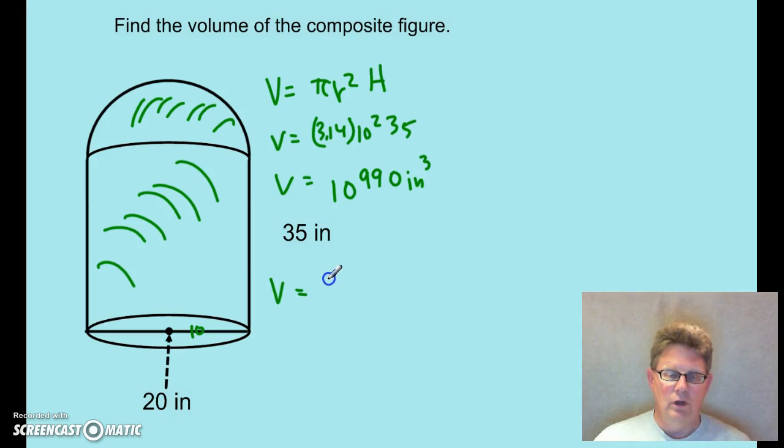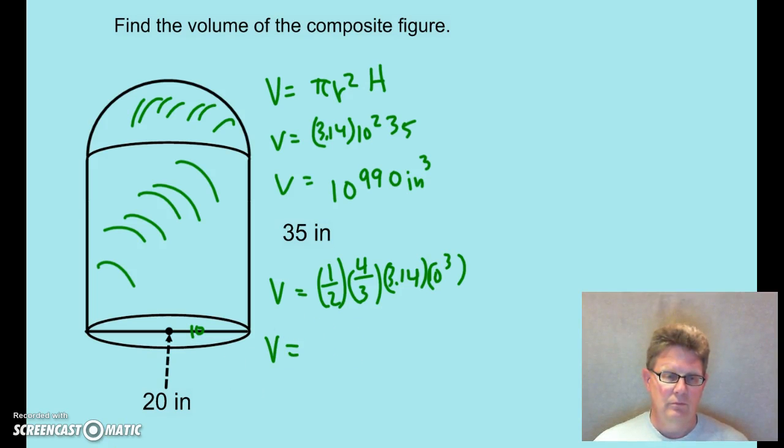Volume equals, well, this is 1/2 of a sphere, a hemisphere. 1/2 times 4/3 times pi times the radius cubed. So volume equals the volume of the sphere.